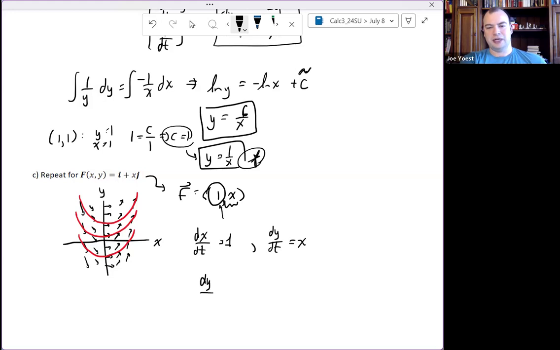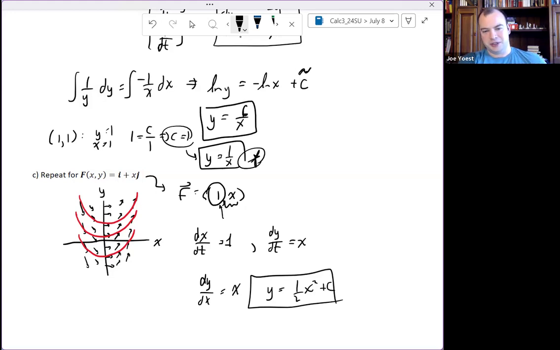And of course, dy dx is dy dt divided by dx dt, or just x. Well, dy dx is x. You could hardly even call it a differential equation. So y is 1/2 x squared plus c. Quadratics, just as we expect.